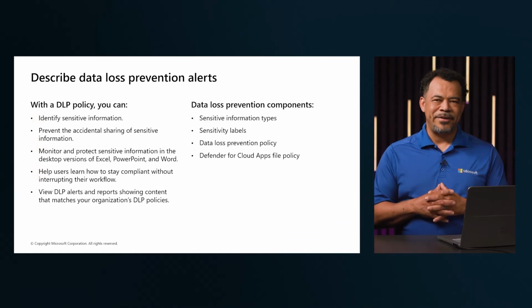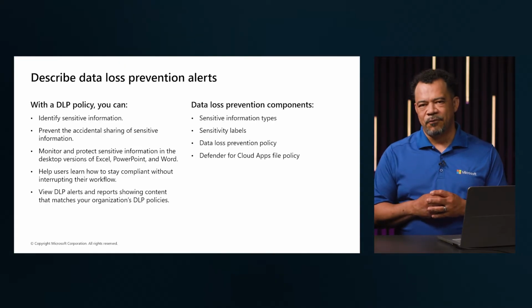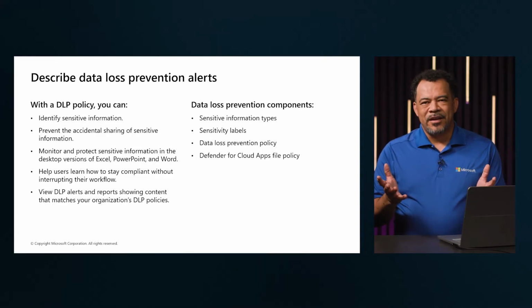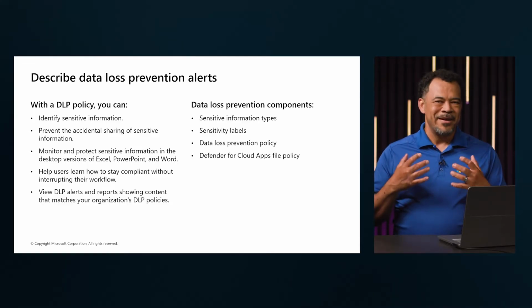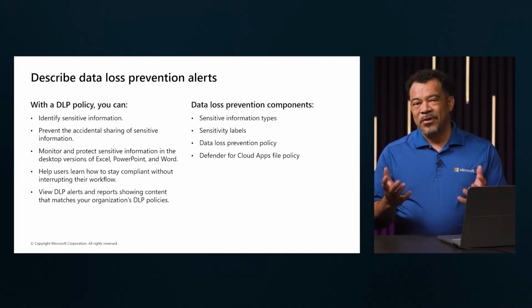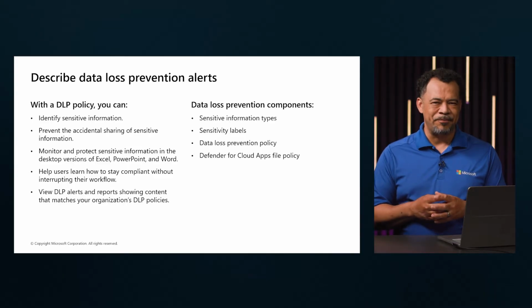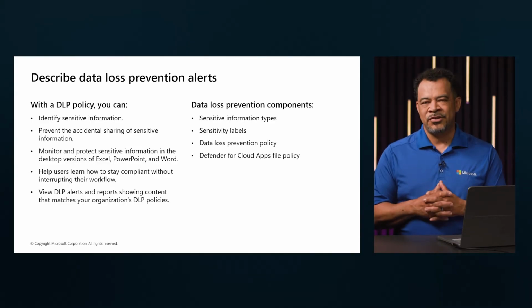Let's talk about how data loss prevention, or DLP, helps protect your sensitive information. With a solid DLP policy in place, you can automatically identify and monitor sensitive data, things like financial records or personal information, and prevent it from being accidentally shared.